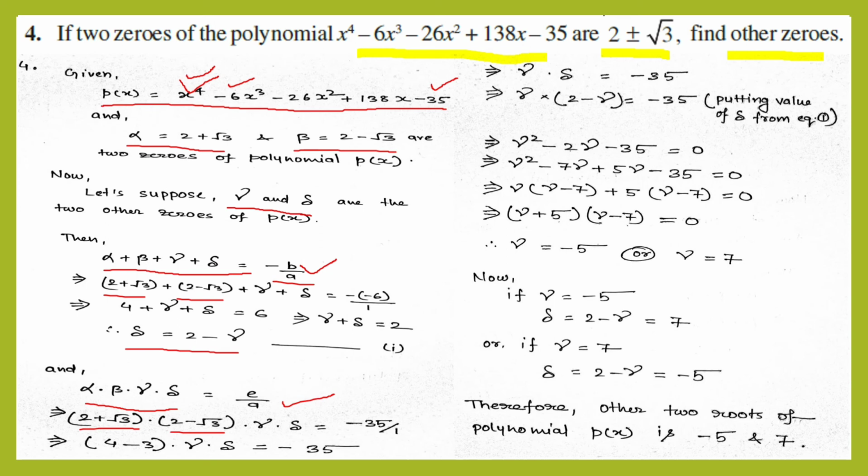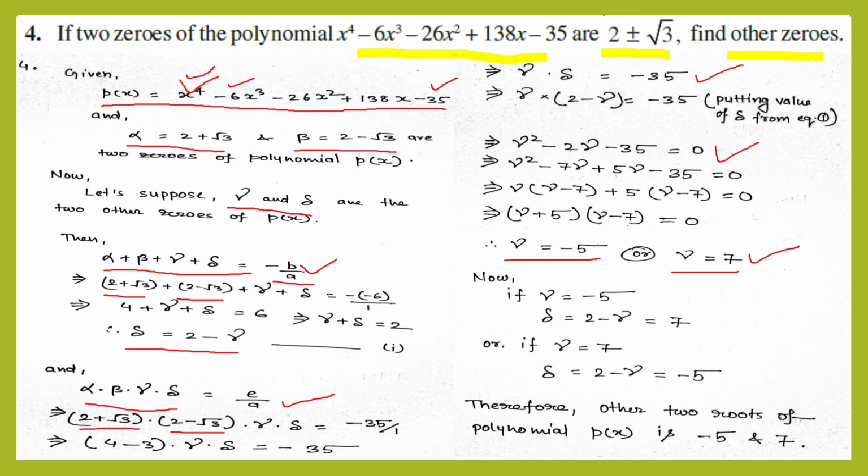On putting these values, this will make an equation in gamma and delta. We'll put the value of delta from equation 1. This will make a quadratic equation in gamma and will give two values of gamma. First is minus 5 and second is 7.